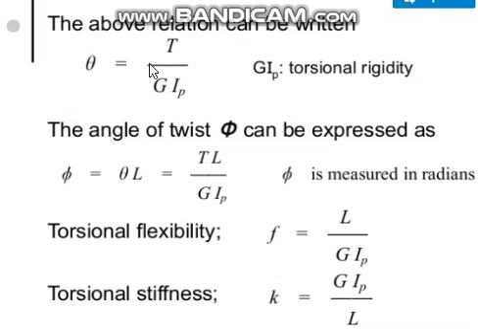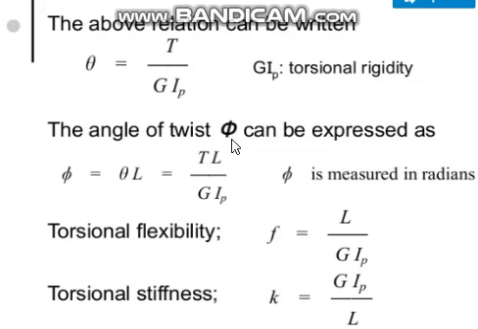Now see this equation here. Theta is given by T upon G IP, where IP means J. The angle there is written as phi instead of theta.